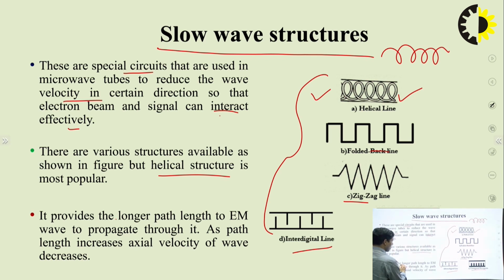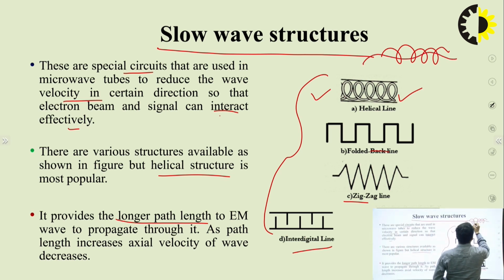Because it provides a longer path length for the EM transmission. That means when the wave propagates inside, the electrons moving will follow a geometric trajectory like this, so the path length will be increased.